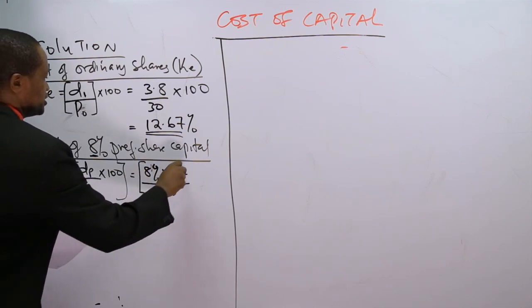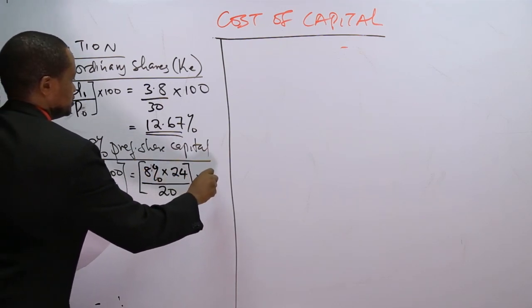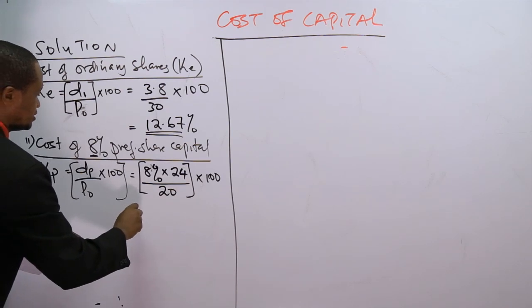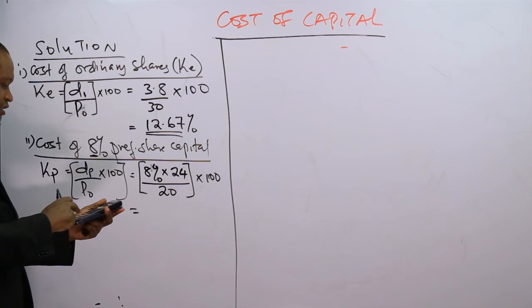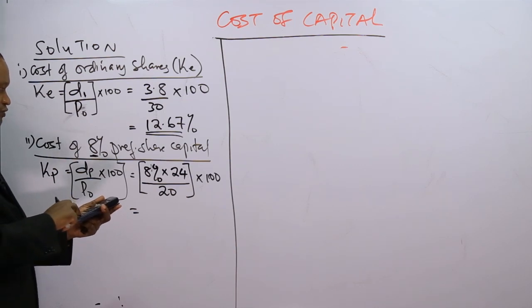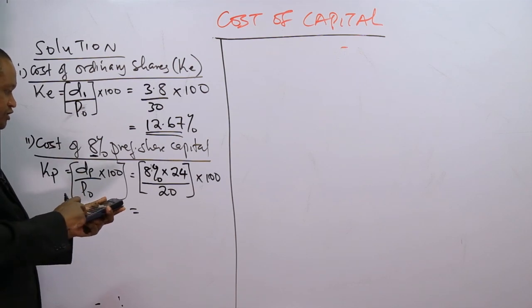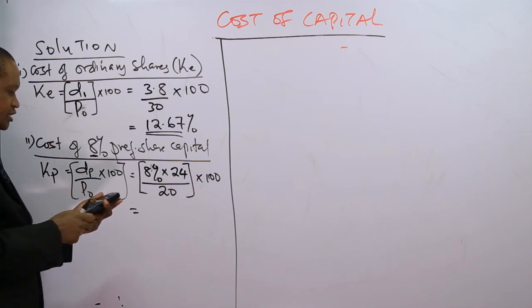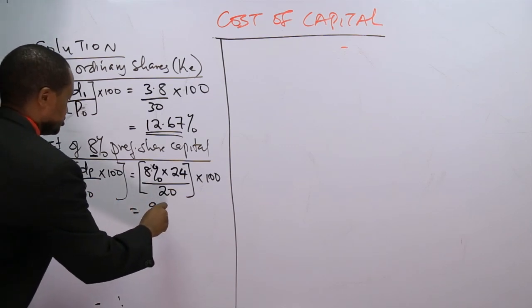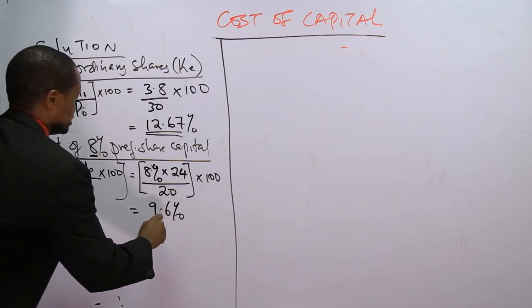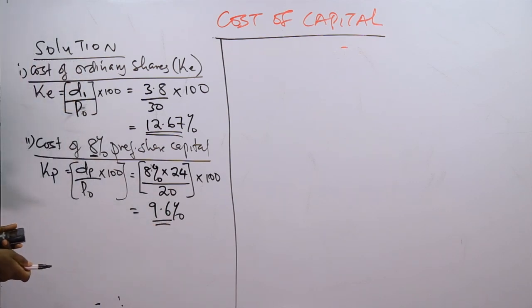We multiply that by 100, that will give us the rate. So taking the calculator, 8% of 24 is equal to 1.92 divided by 20. That will be equal to 0.096 times 100. The rate is 9.6%. That's how you do it.